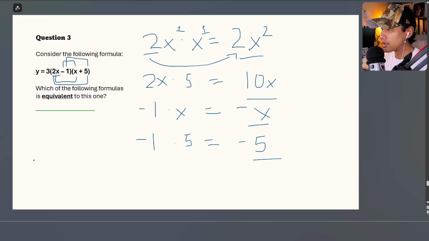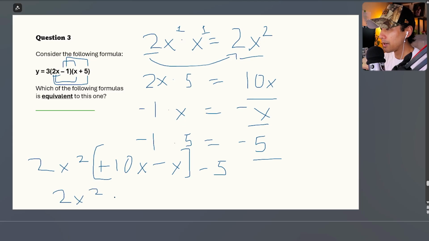Perfect. We have all our terms and we're going to just combine them. Okay, so 2x squared plus 10x minus x minus 5. Right here, we have something we can combine, and 2x squared plus 9x, because 10x minus x equals 9x. You could also think of this in your head, 10x minus 1x, 10 minus 1, and that equals 9, and then carry that x. Perfect.